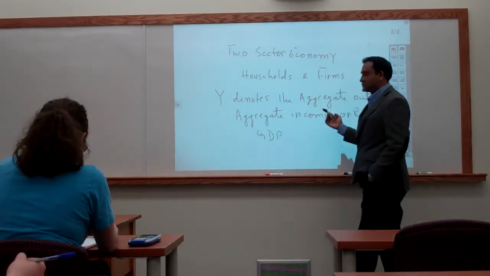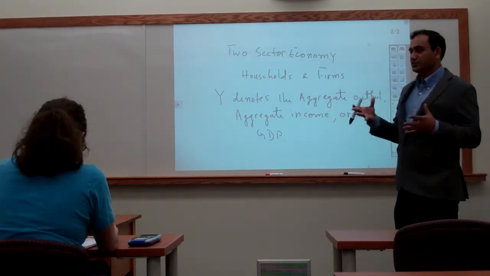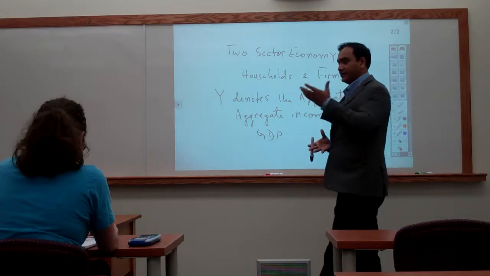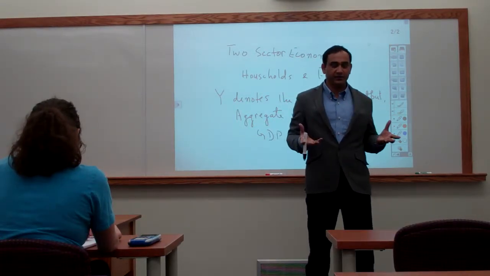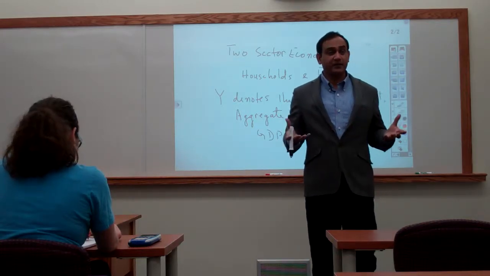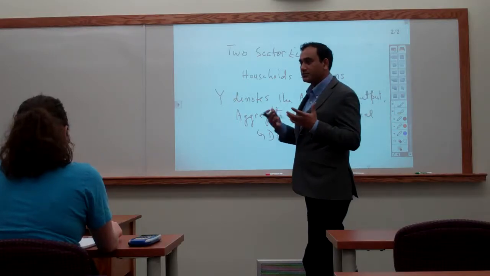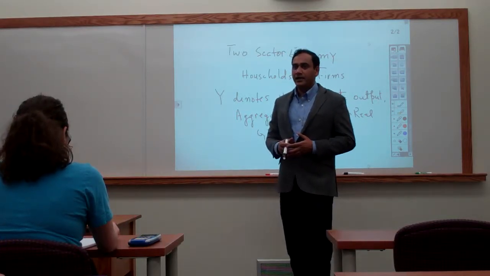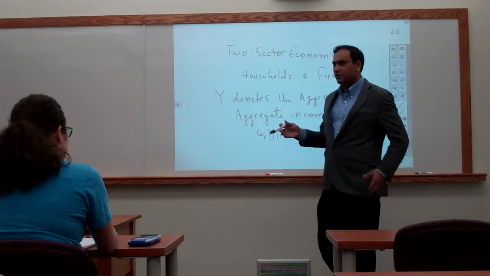So we'll use these terms interchangeably, and all of them mean pretty much the same thing. Aggregate output, how much the economy has produced of goods and services in a given period. Or aggregate income, how much factor incomes were generated, and real GDP. They all mean the same thing.